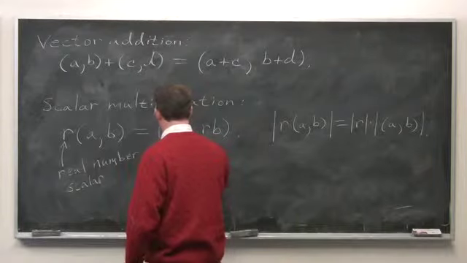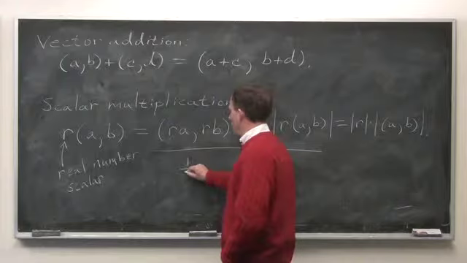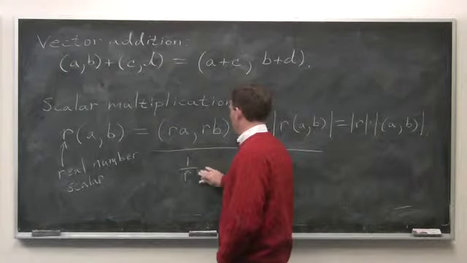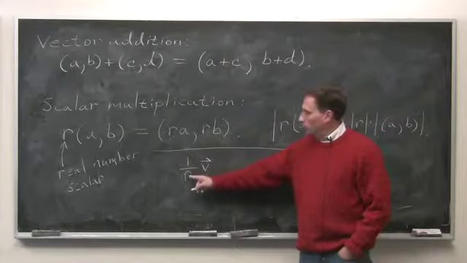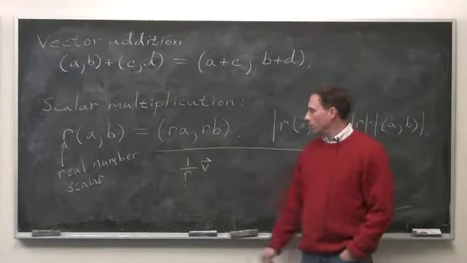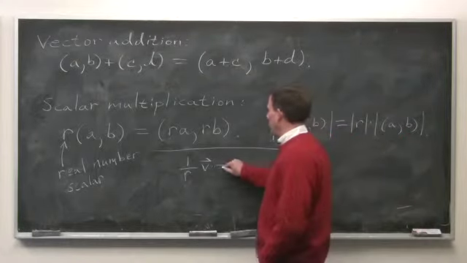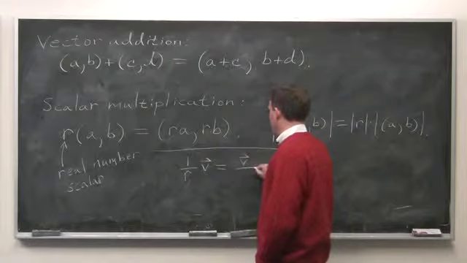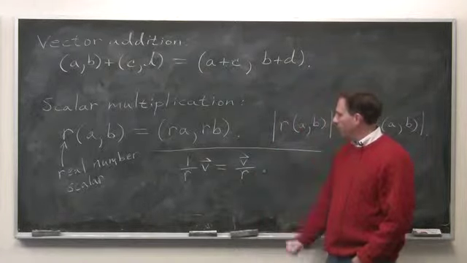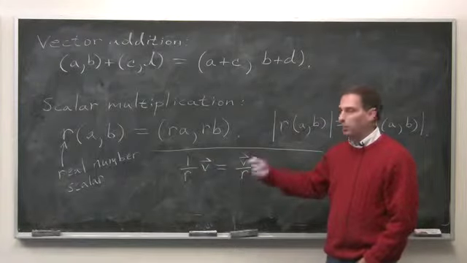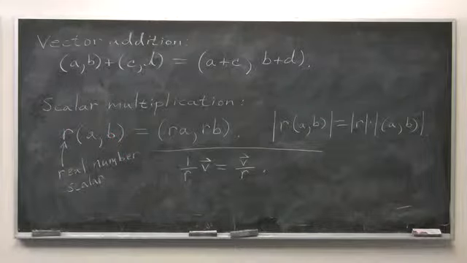Just because of how people usually write, if you have 1 over r times a vector v, so if r is a real number, not 0, so 1 over r is a scalar, you can multiply it times v, and this is frequently written as division. So when I divide by a scalar, I mean multiply by 1 over the scalar. You probably would have assumed that if I hadn't said it.